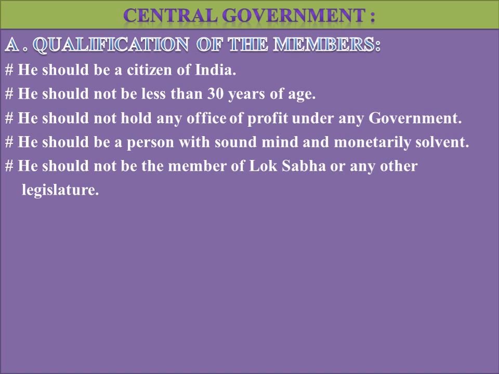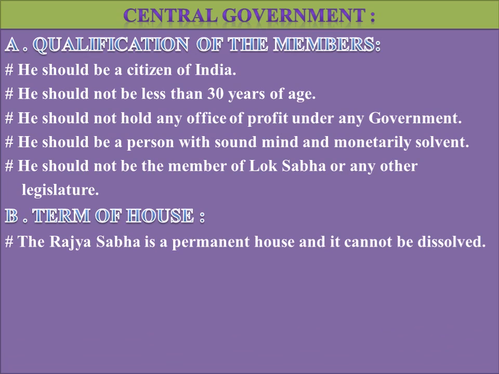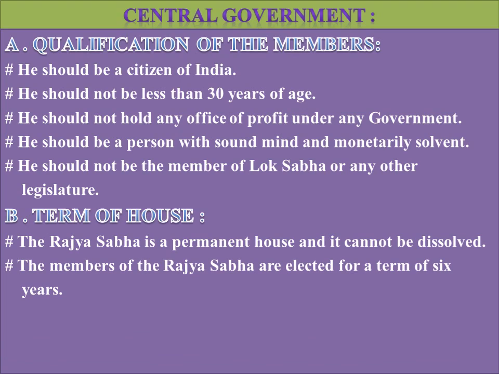The next point we are going to learn about is the term of the house. The Rajya Sabha is a permanent house and it cannot be dissolved. The members of the Rajya Sabha are elected for a term of 6 years.